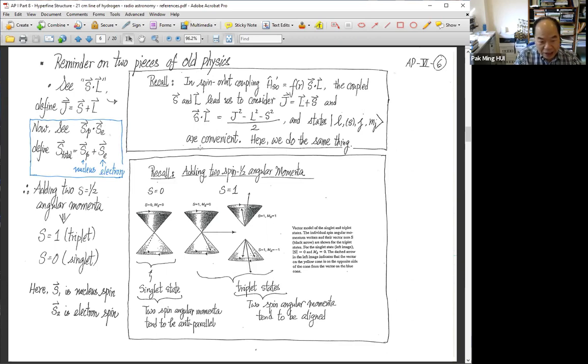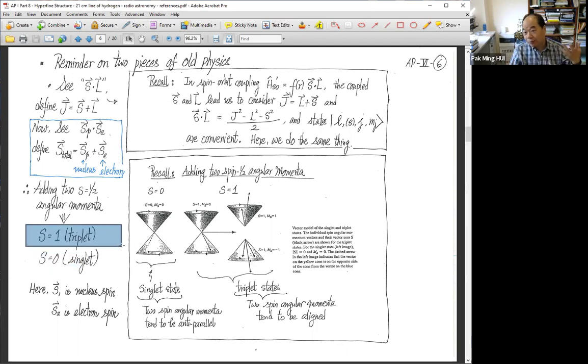The second thing is that we are adding 2 spin half, thereby, based on what we learned before, we would expect 2 results. One is a spin singlet, one is a spin triplet. Okay, so one is S equals 1, one is S equals 0. There is 1 state here, there are 3 states here.